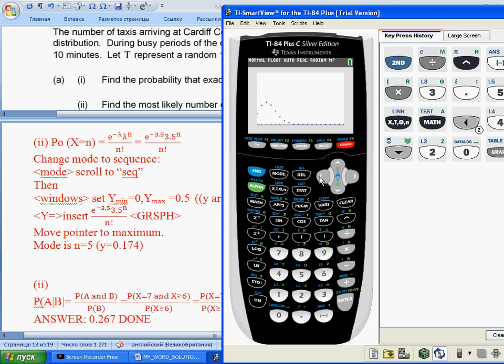We definitely need this most likely value. So we move, and finally we find this value.